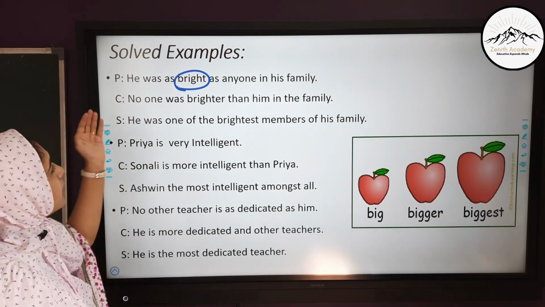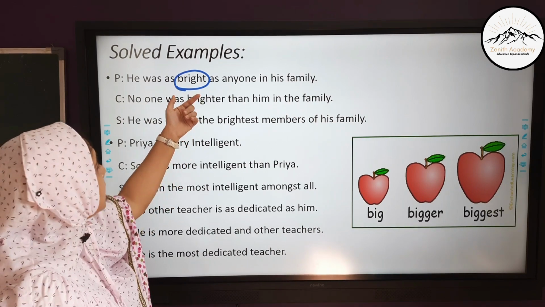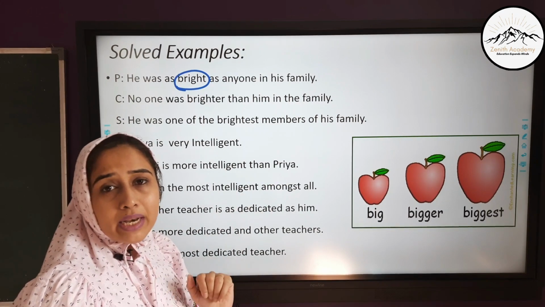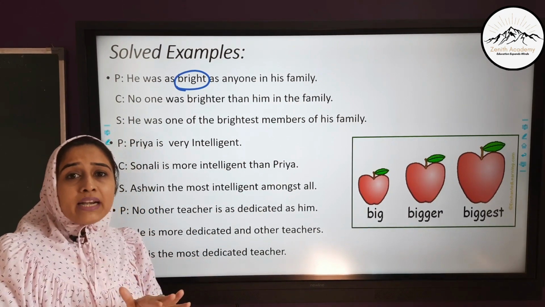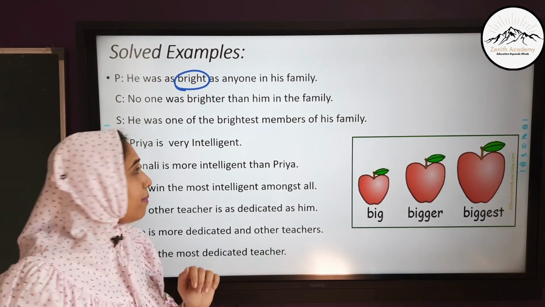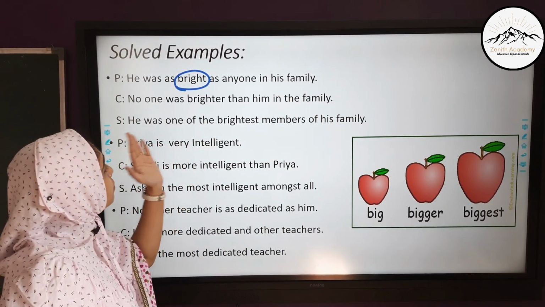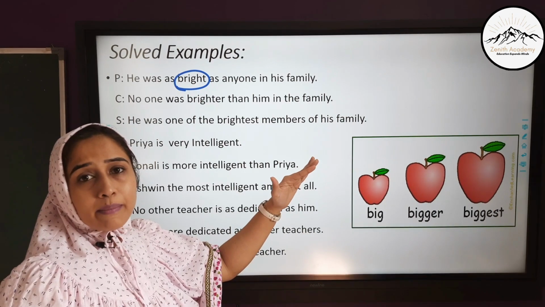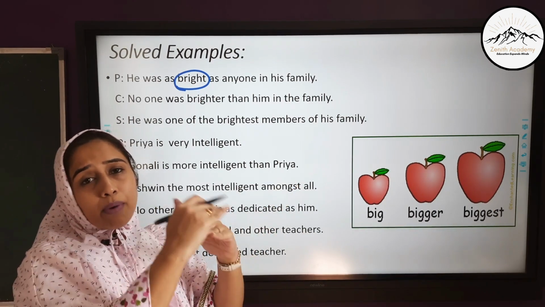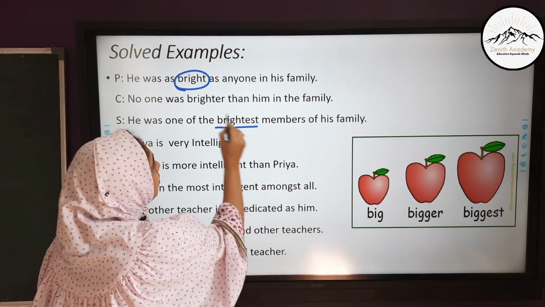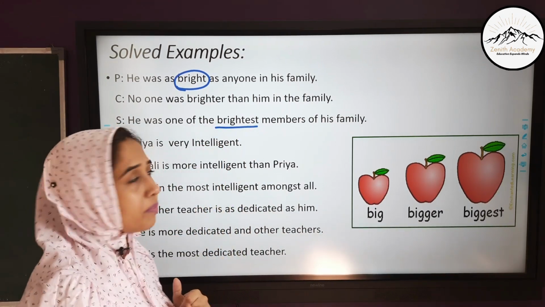In the comparative degree, it becomes brighter, as ER is added. No one was brighter than him in the family, meaning he was brighter than all other members in the family. The last one is the superlative degree. He was one of the brightest members of his family, meaning nobody else is above him. He is the brightest. Here the superlative form of the word bright is used.